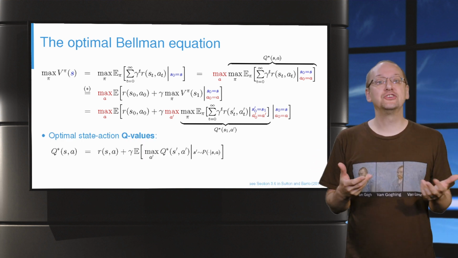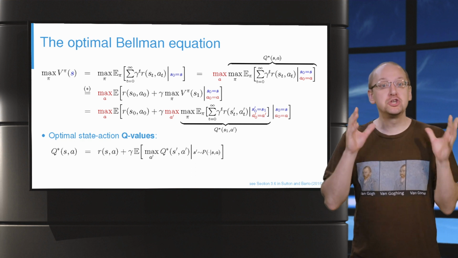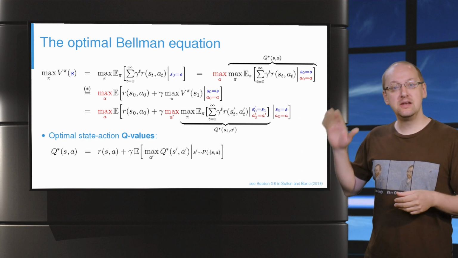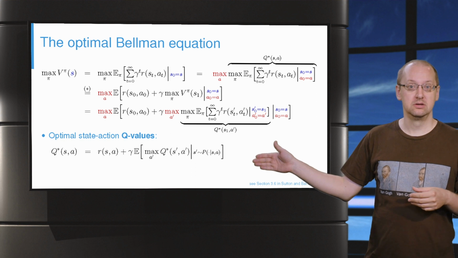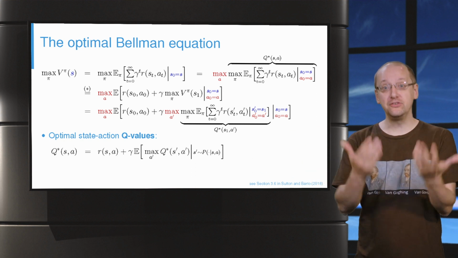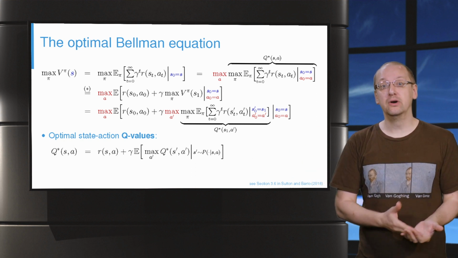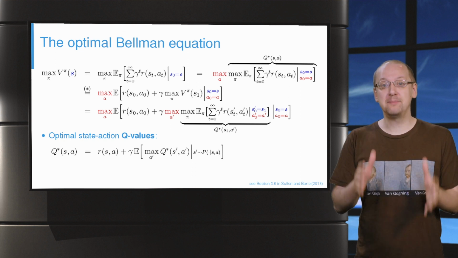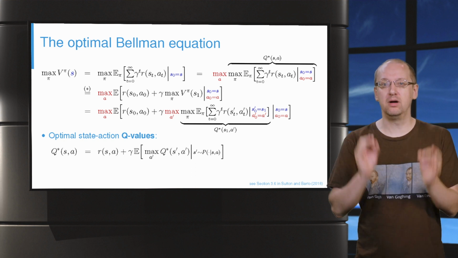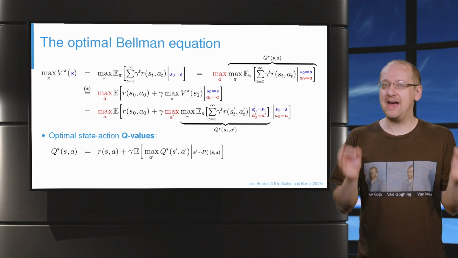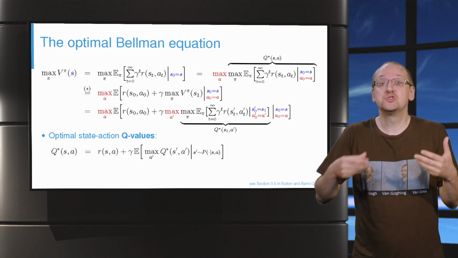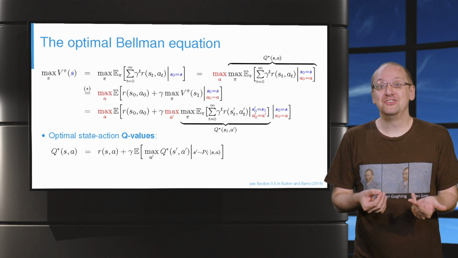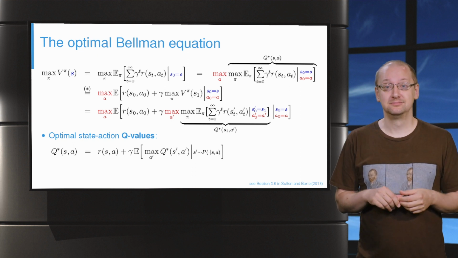This derivation allows us to define the optimal Q value Q star in another recursive Bellman equation. A function that fulfills this equation tells us, therefore, how much reward we can expect if we follow the optimal policy. This is kind of magic, because we do not need to know the optimal policy to compute Q star.